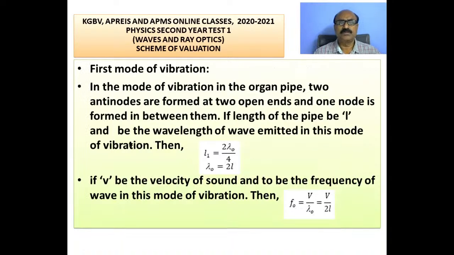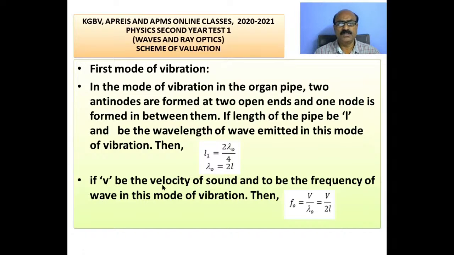So first mode of vibration in the organ pipe. 2 antinodes are formed at the 2 open ends and 1 node is formed in between them. If the length of the pipe be L and lambda naught be the wavelength of the wave emitted in this mode of vibration, then L is equal to 2 lambda naught by 4, so lambda naught is equal to 2L.